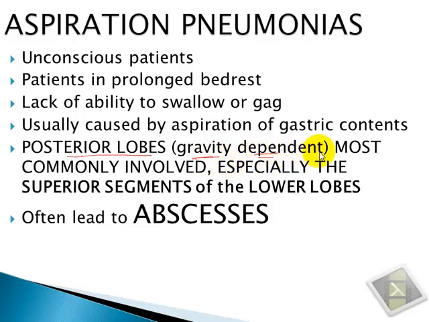Most commonly they will involve the posterior lobes, especially the superior segments of the lower lobes. These are the segments which will mainly be affected if a patient aspirates gastric content, and they will often lead to abscess. This huge abscess can be really bad.